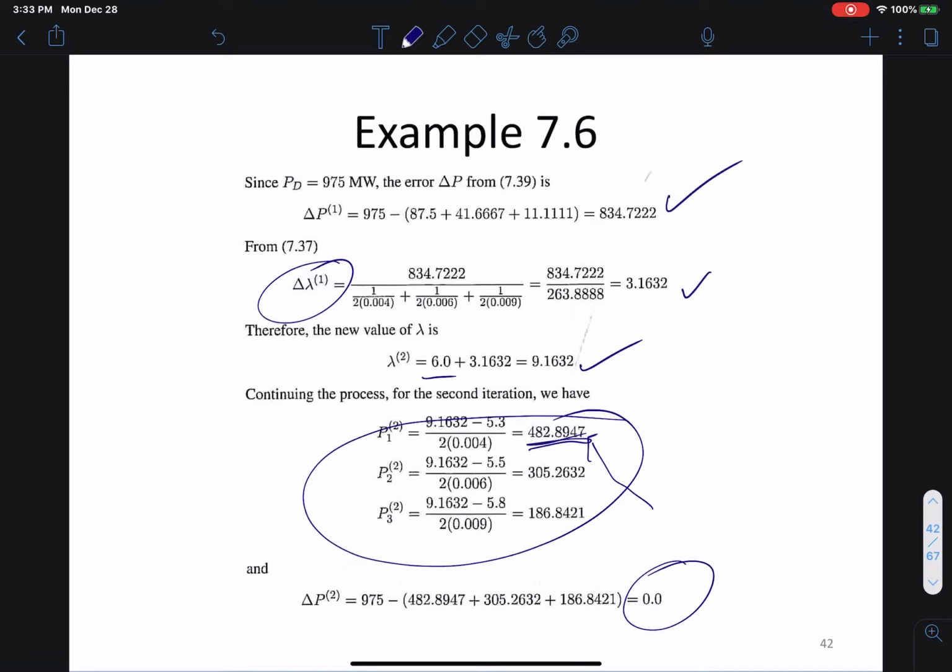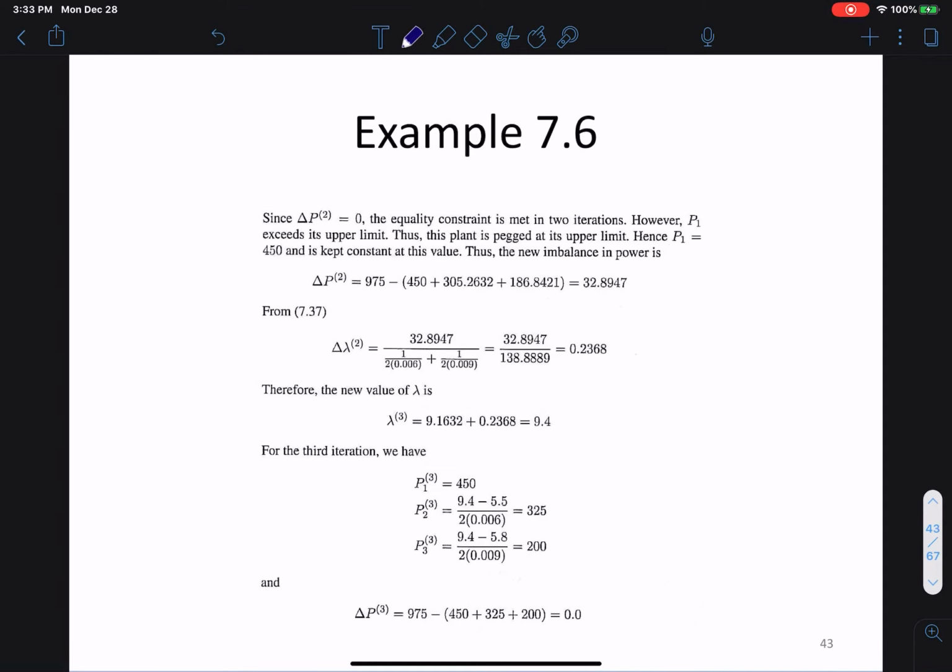So that means at this point, my power plant 1 should be equal to 450 megawatts and stay there at constant output, and that is not a part of the solution in my iteration right now. So as I reach the limit, I put it at 450, and with the other 2 solutions, I then have a 32.89 megawatt mismatch now.